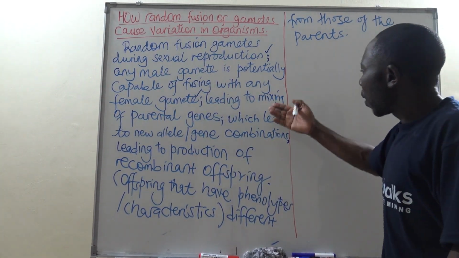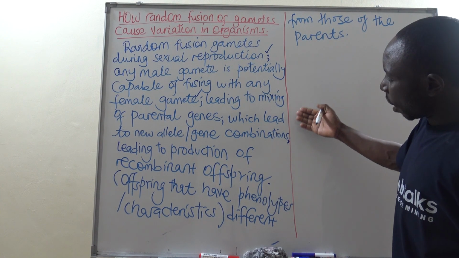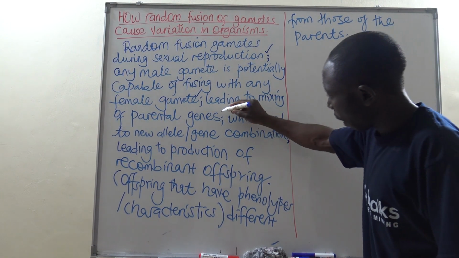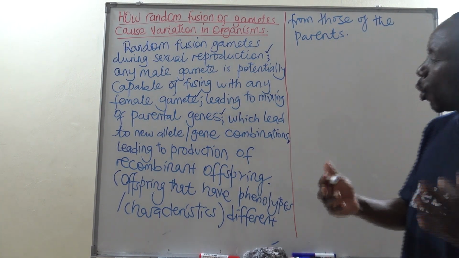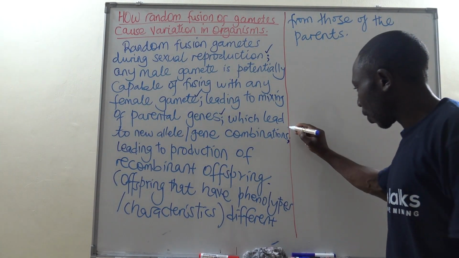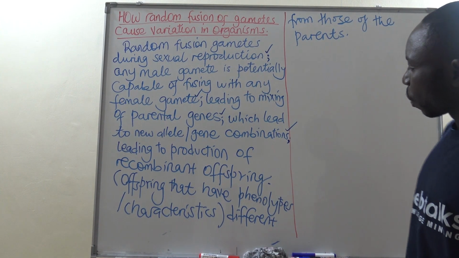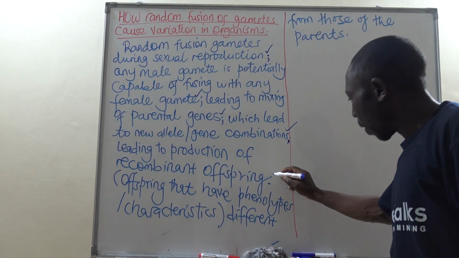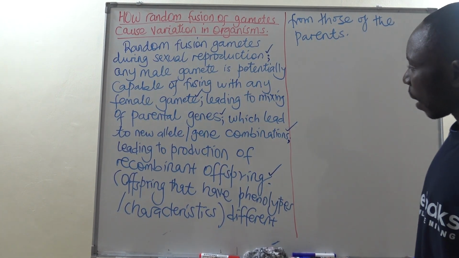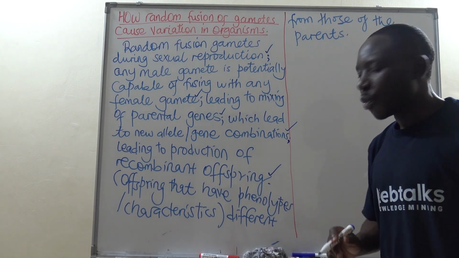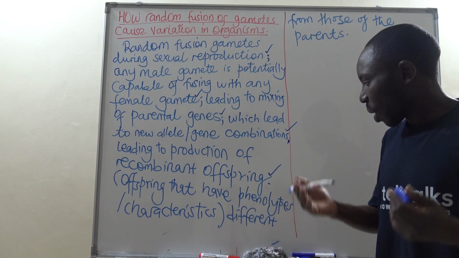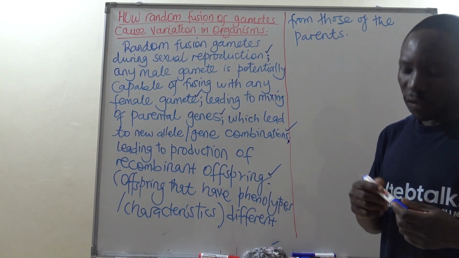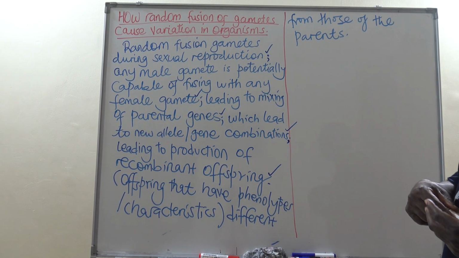And so leading to mixing of parental genes, as indicated on the board, which lead to new allele or gene combinations, leading to production of recombinant offspring. And so we are saying that those are offspring that have phenotypes or characteristics different from those of the parents.